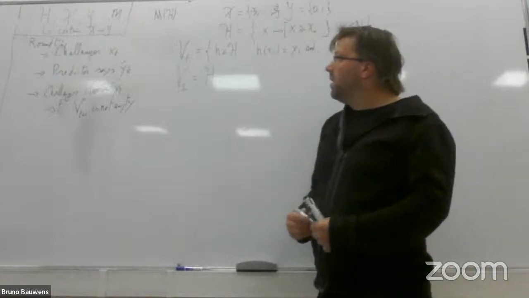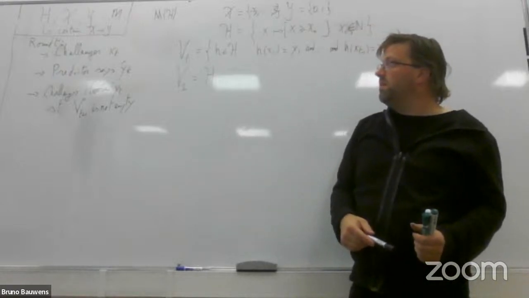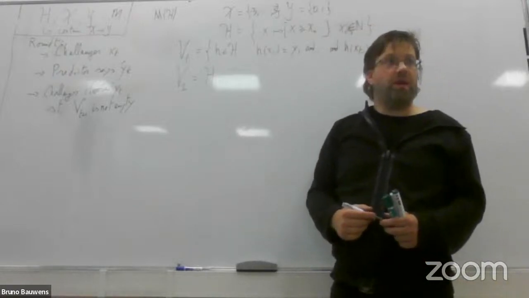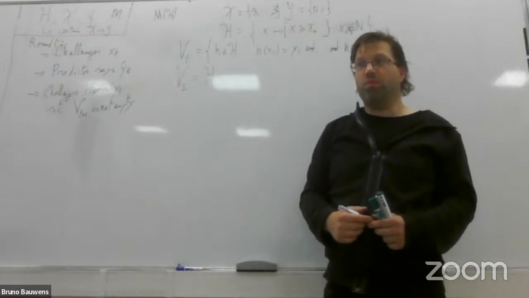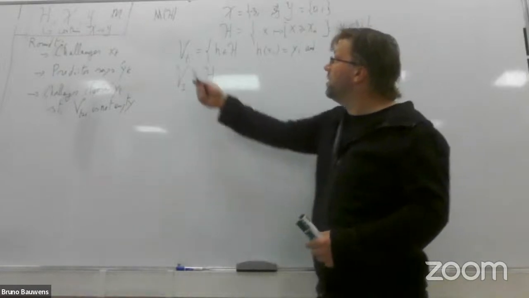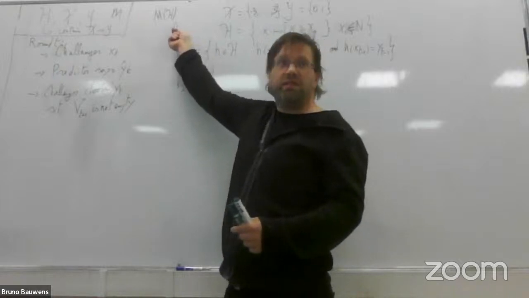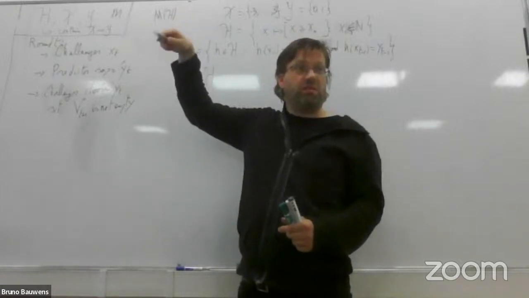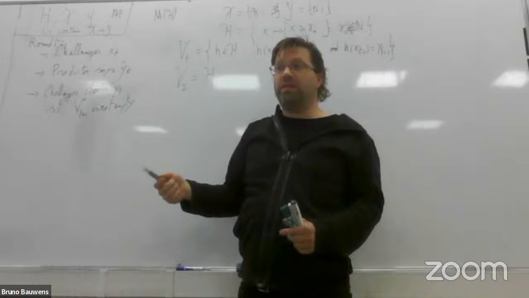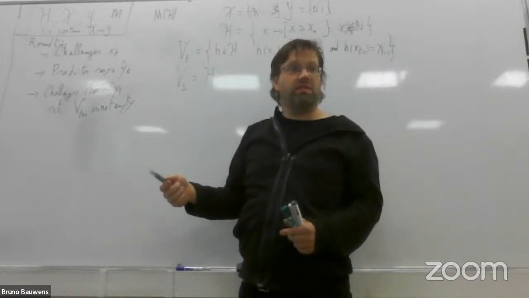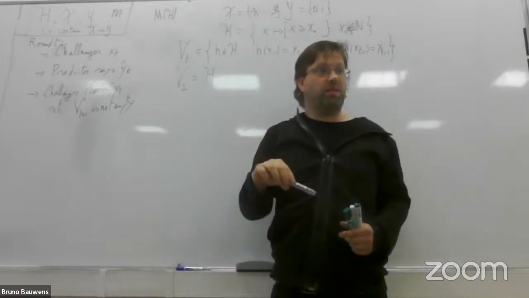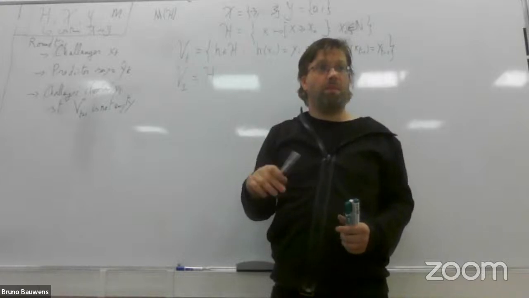Okay. And now I will define the Littlestone dimension, and I will prove that the mistake bound M of H is equal to this Littlestone dimension. So the maximal M for which challenger has a winning strategy is equal to this Littlestone dimension.